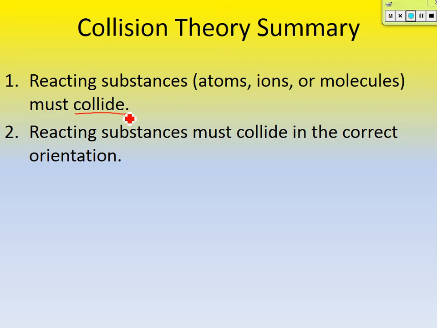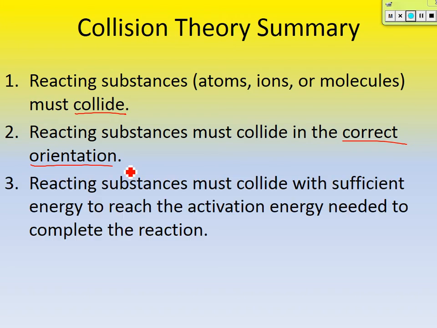They must collide in the correct orientation. And then step 3, not only must they collide and collide with correct orientation, but now they've got to collide and hit each other with sufficient energy to overcome this activation energy hill. Okay.